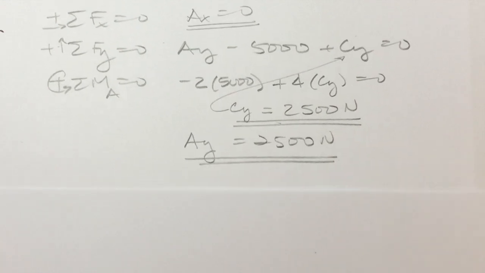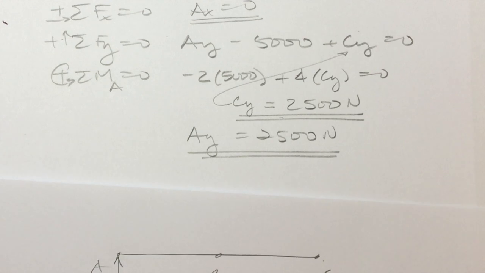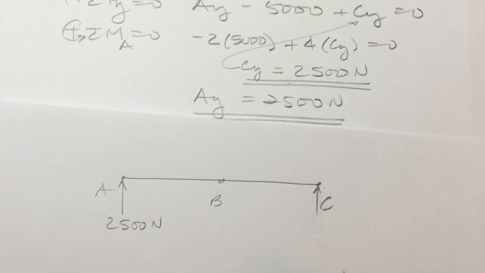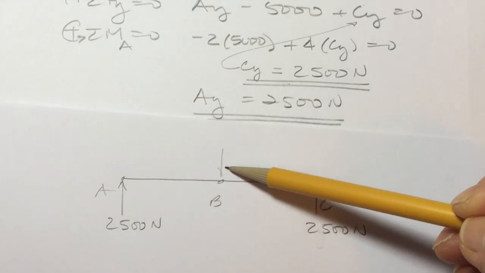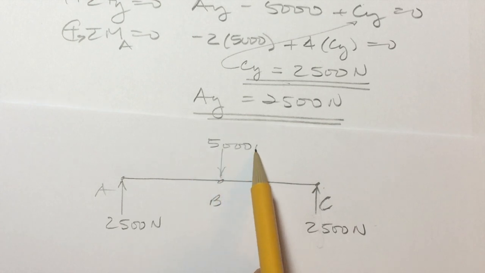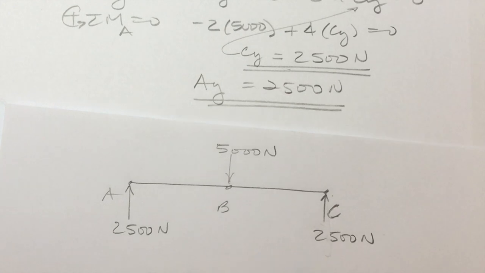So what we have now is a beam A, B, and C with a reaction force here at A of 2,500 newtons, a reaction force at C also with the value of 2,500 newtons, and a force of 5,000 newtons. So we've determined our reactions at the supports.